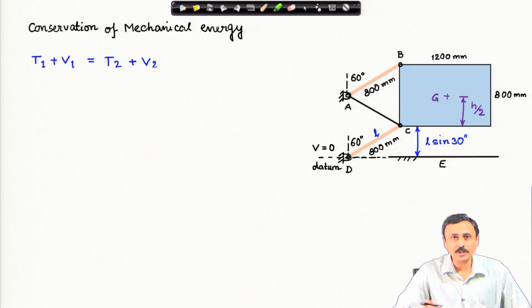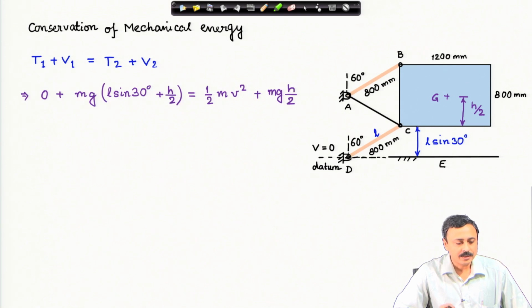So, just after the string is broken, it starts from rest at this configuration, and the second state is just before it hits the ground. The initial kinetic energy is of course 0 because it starts from rest at t equal to 0 plus; the velocity is 0 at that instant.